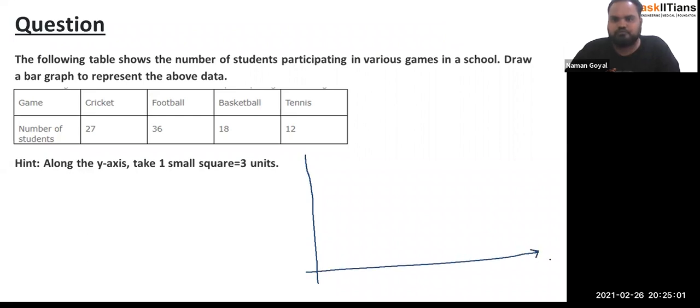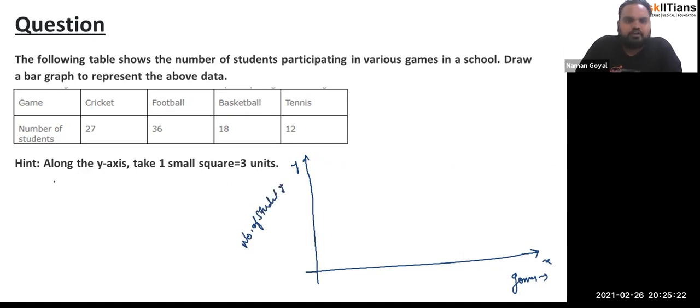If you use proper graph paper, then you will definitely draw a neat and clean diagram. Now you have to take games on the x-axis and number of students on the y-axis. Along the y-axis, take one small square as 3 units.